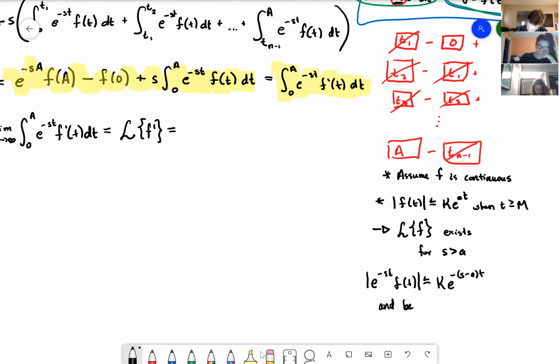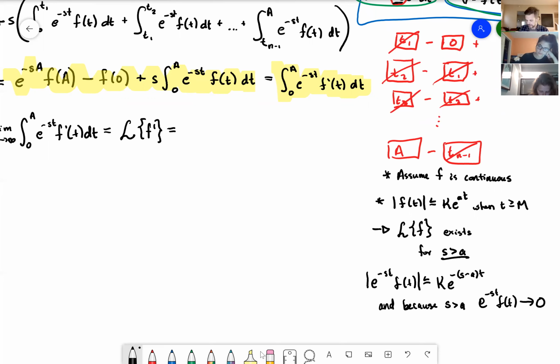And because we are assuming that s is greater than a, because that's where we're going to be looking for this Laplace transform, e to the minus st f of t goes to 0 as t goes to infinity.